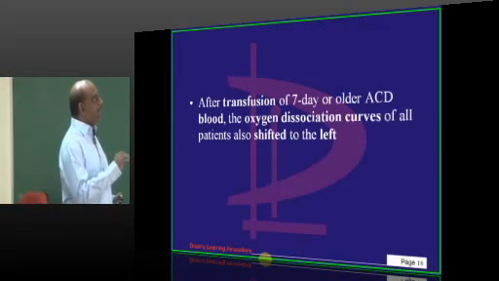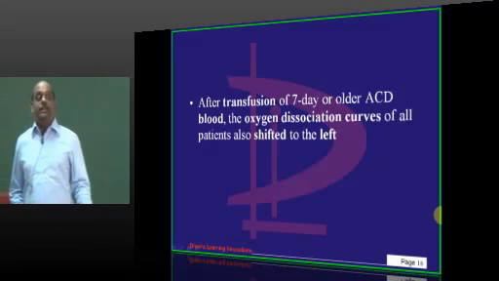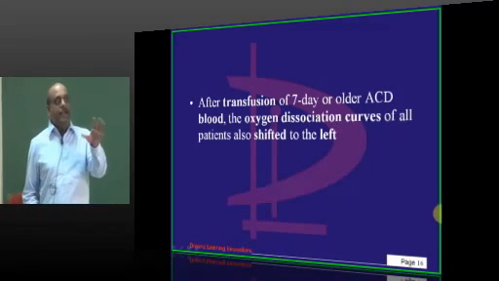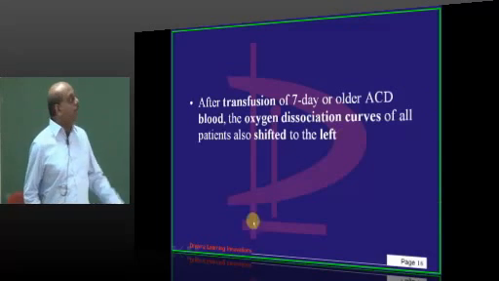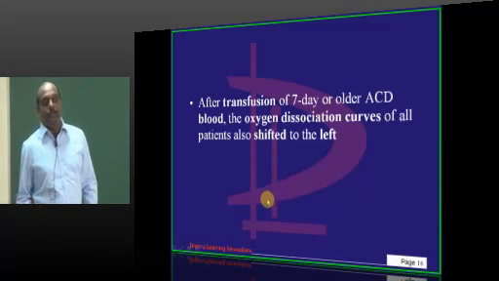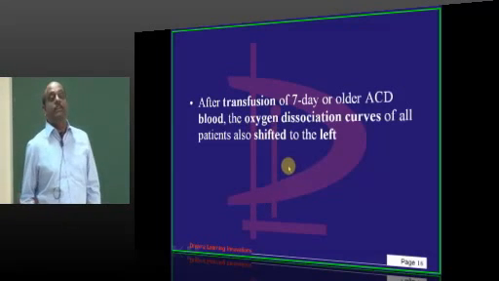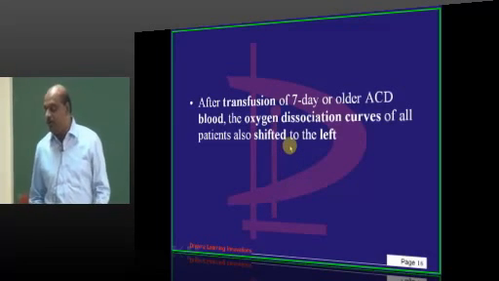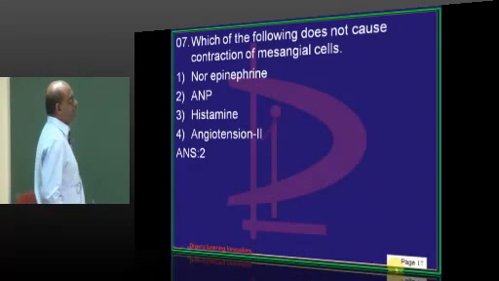So doctor, with blood transfusion, when there is a change in the 2,3-DPG levels, automatically there is a shift in the affinity of hemoglobin for oxygen, and the oxygen dissociation curve will shift to the left, is what you have to remember.